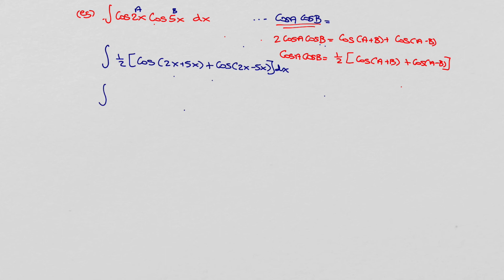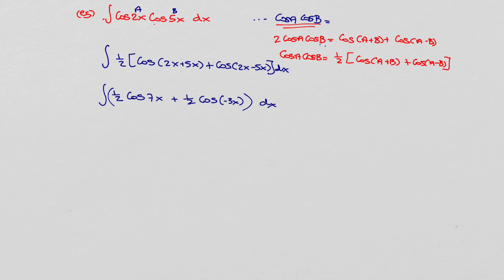Simplifying that gives me a half times cos 7x, plus a half cos of minus 3x, and that's all integrating with respect to x. So we have a slight issue here because we have a cos of minus 3x. So what we can do is actually change that.